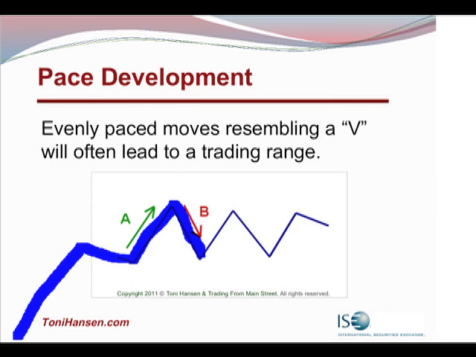If you have a similar paced move, one to the upside followed by one to the downside, or vice versa, and it's that first initial V type of pattern or inverted V type of pattern, you're more likely to have a security that's going to be falling into a trading range, which you can see happen here.